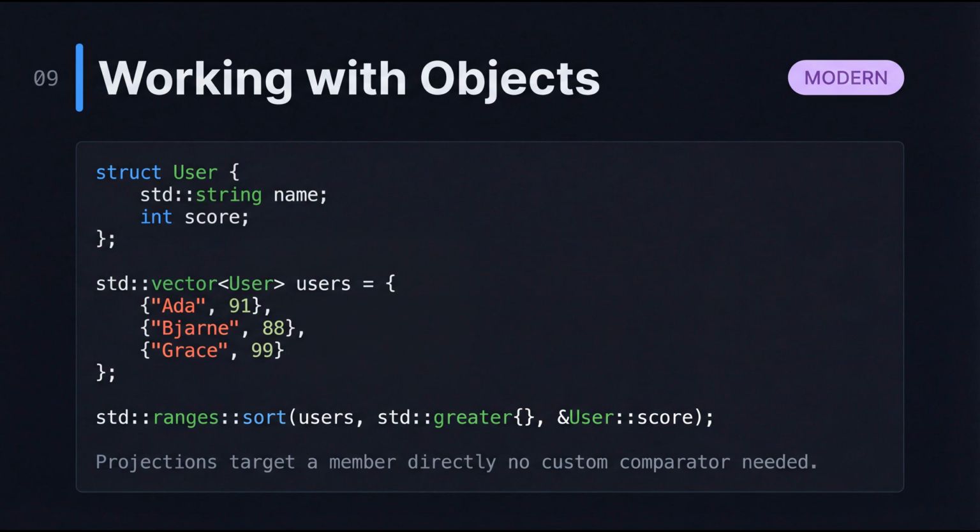The third argument is a projection. It tells the algorithm which member to sort by. No need to write a custom comparator lambda. Projections work with sort, find, count_if, min_element, max_element, and many other range algorithms. They're one of the most useful features of the ranges library for working with structured data.